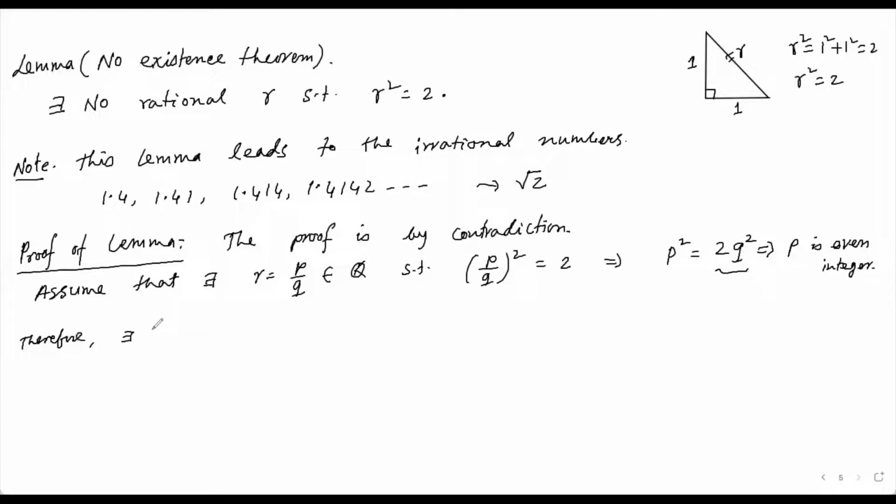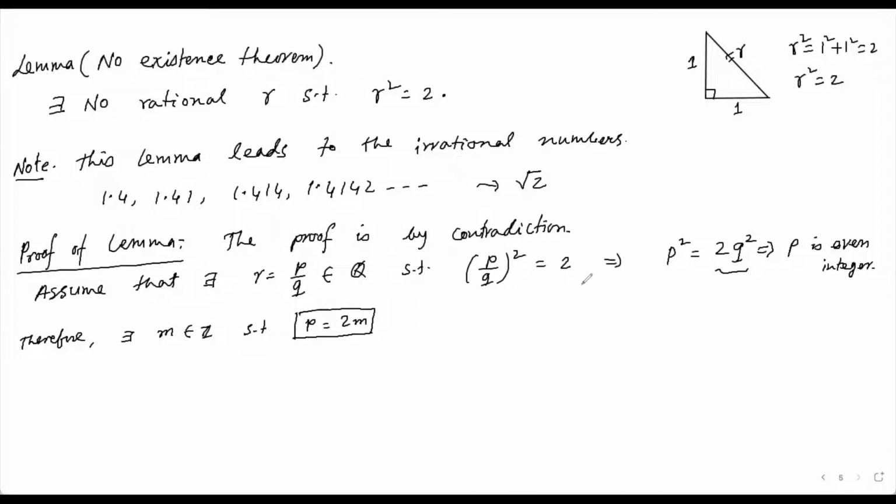Therefore there exists some m in Z such that p equals 2m, because p is even.